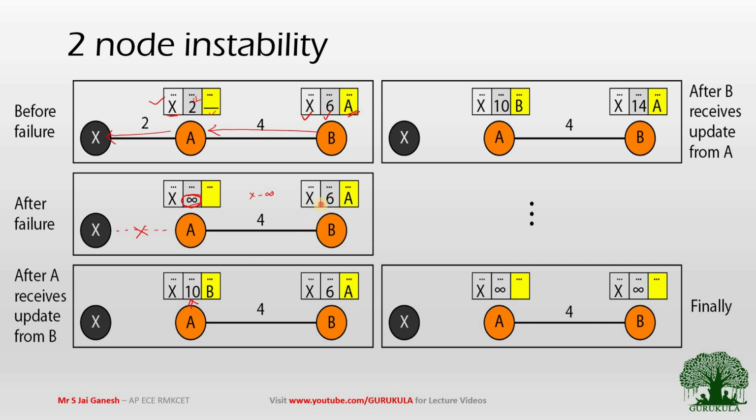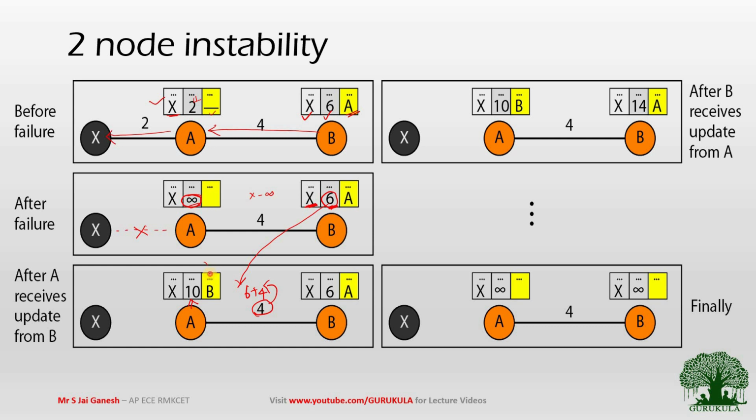B says that X can be reached with a cost of 6. As per the updating procedure, you need to add the cost between the sending node and the receiving node. So 6 plus 4. This 6 is this and this 4 is this. When you add 6 and 4, you get 10 in total.